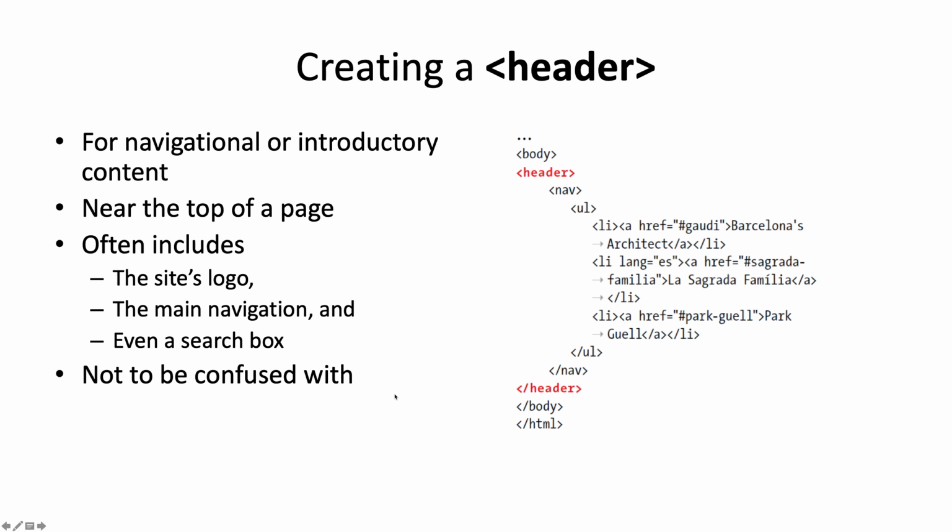And do not confuse this with the head section of a page. As we discussed earlier, the head section will be before the body tag, and it includes the meta information about the page, such as the language, etc. So that's called head, without the ER, and this is called header.